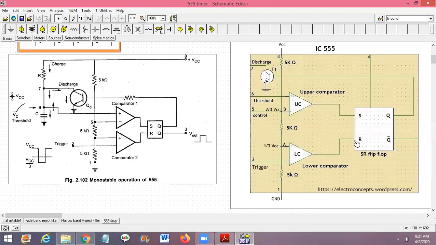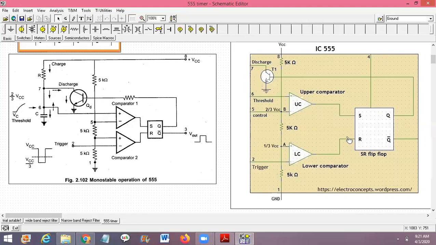See, what is the purpose of using this SR latch? The output of one comparator should be 1 and the other should be 0. Under that condition, it will work. If R is 0, S should be 1. That condition is also considered. If both are 1, it will not work, because that case is not considered.